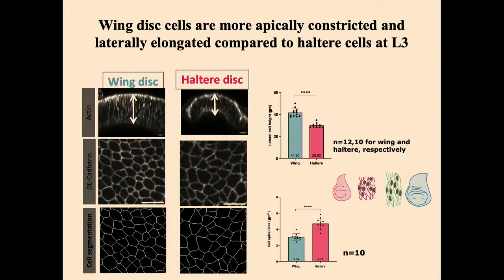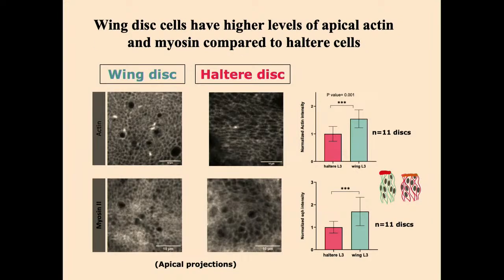She has shown that lengthwise, the halter cells are shorter compared to the wing. Second is the surface area from the top when you look at it, halter cells are much broader compared to the wing, right? And this is the reason for that.